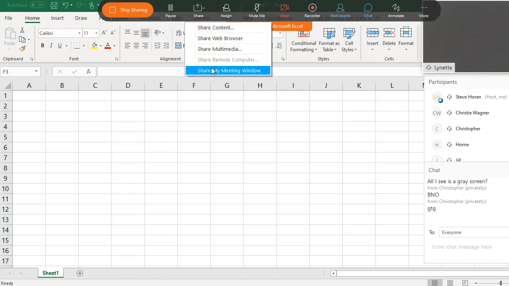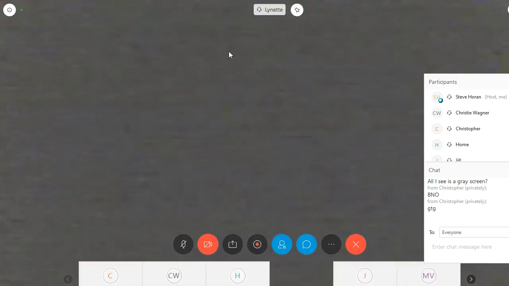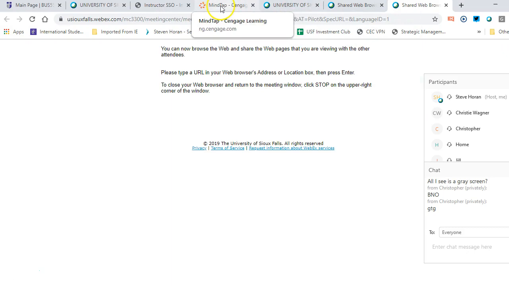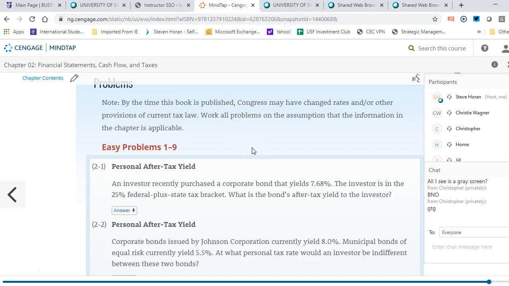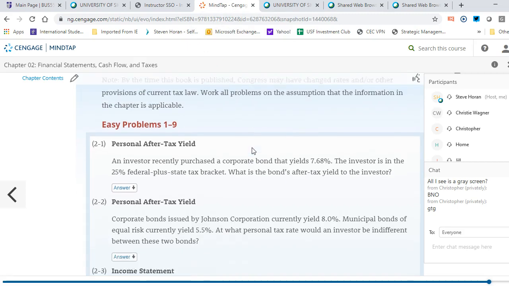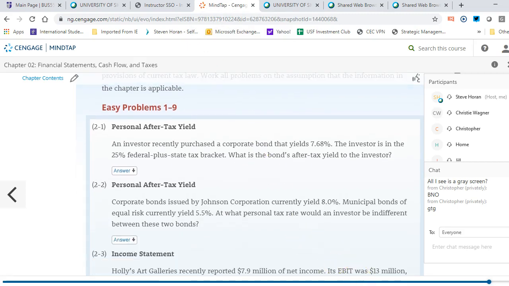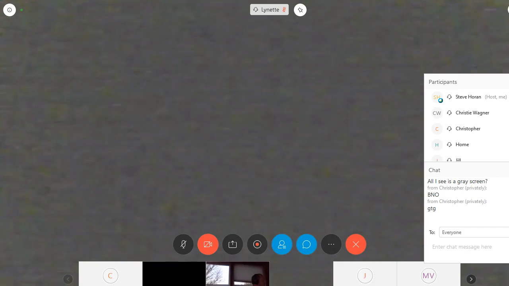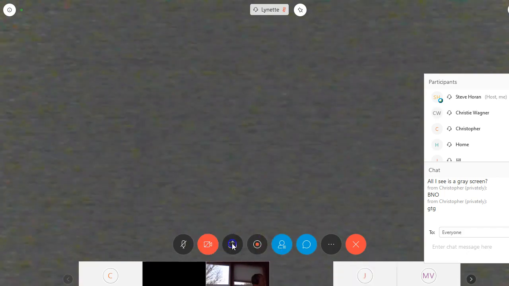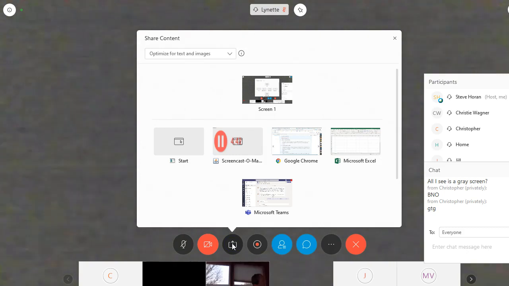Okay, let me go to web browser. Now, do you see the ebook right here? Do you guys see some problems from the ebook? Now we just see the screen. Okay. Well, golly, let me try. Let's see.